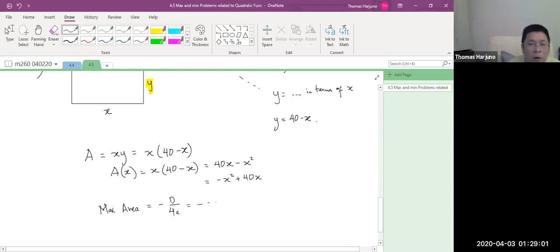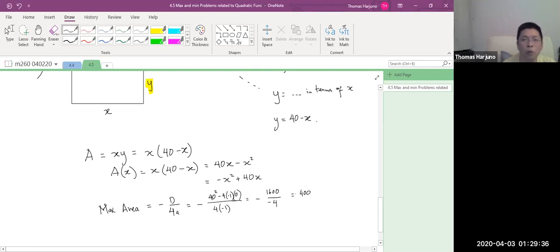It's negative of, what is the D? D is b squared minus 4ac. That's negative of 1600 on the top over negative 4 at the bottom. That's 400. That's the maximum area.